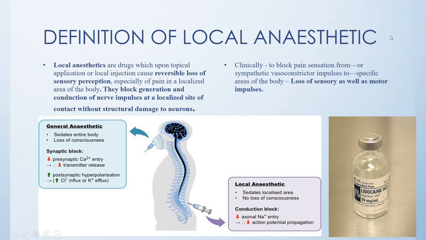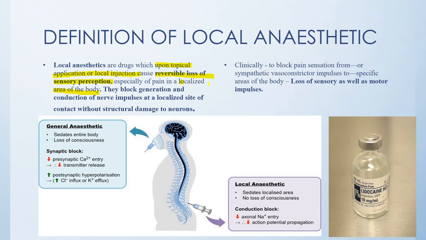Next, coming to our topic, that is definition of local anesthetic. So, what is local anesthetic? Local anesthetics are generally drugs that upon topical or local injection, or you can say IV, cause reversible loss of sensory perception, especially of pain in a localized area of the body.